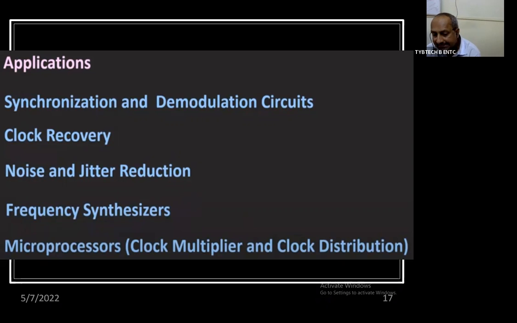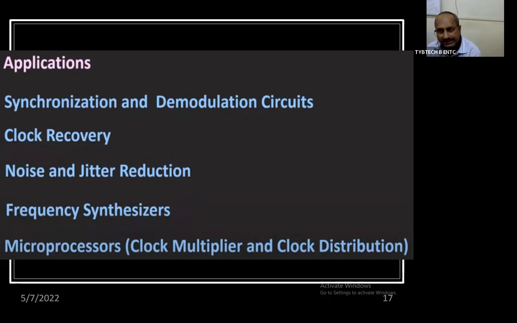The same quantity of carrier signal which has been added at the transmitter should be removed at the receiver end. For that sake, the same carrier signal has to be used at the receiver end, and that is known as the synchronous detector. If it is not used at the receiver end, that is called asynchronous detection. This is the main difference between the synchronous and asynchronous types of detector.